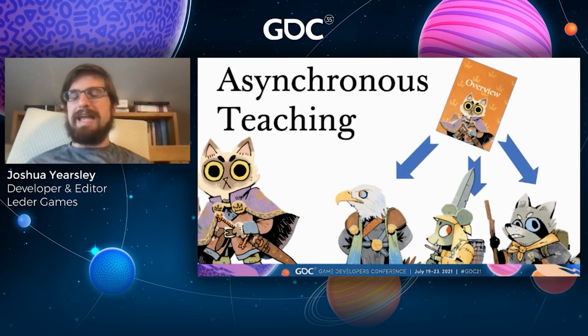So this accounts for the fact that people are learning at different rates and are learning in different ways and will be ready to learn about the other factions on different schedules. So an asynchronous teaching strategy is much more able to teach people in different circumstances. It's much more reliable and resilient to situations that aren't ideal for teaching, and just to people who learn differently.